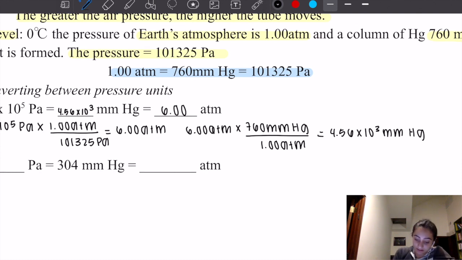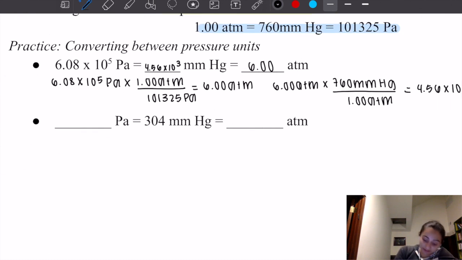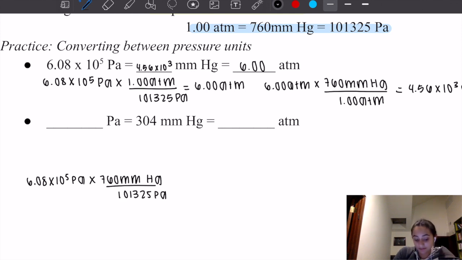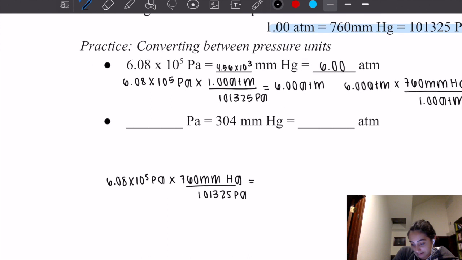I can show you down here that let's say you started with 6.08 times 10 to the 5th pascals and did the conversion fraction, that 760 millimeters of mercury equals 101,325 pascals. You would get 4.56 times 10 to the 3rd millimeters of mercury.